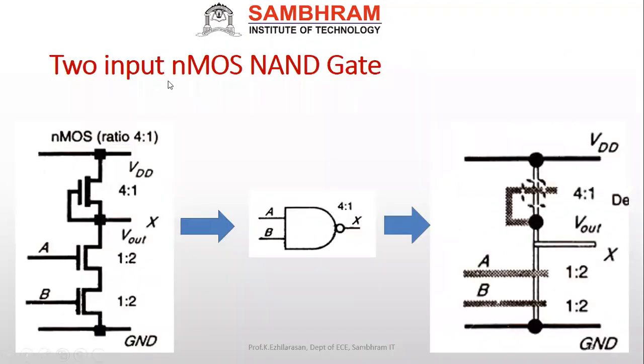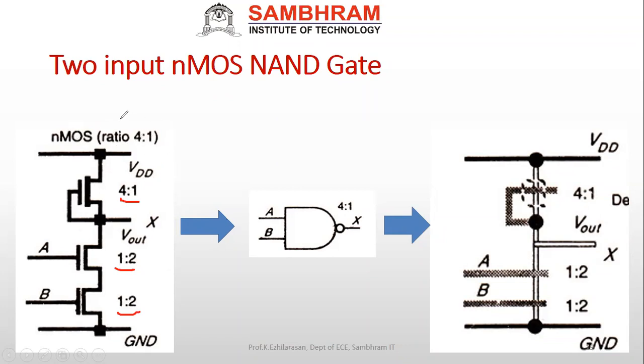Now here is a 2 input NMOS NAND gate. This is a normal NAND gate. You can see here 1:2, 1:2, and here this will be 4:1. You may have a doubt about the series connection. The ratio is 4:1.